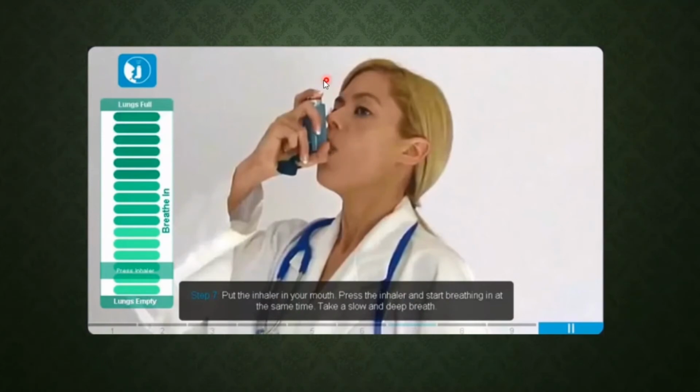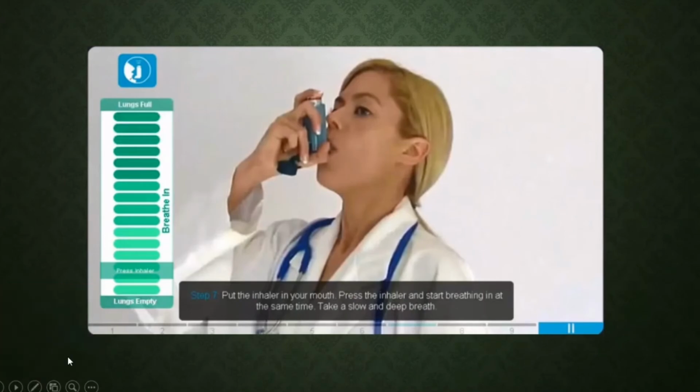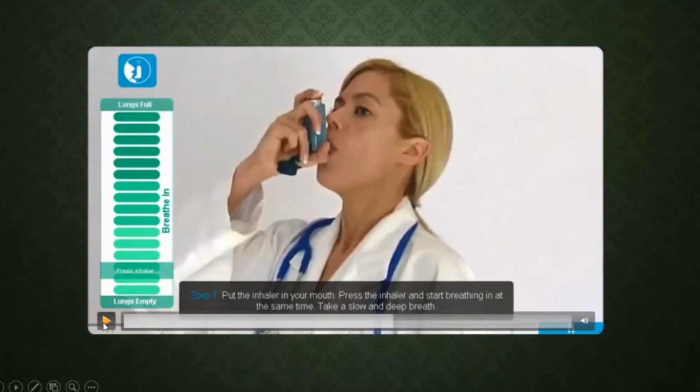So it does away with the pressing part, because the most difficult part here is simultaneously pressing and inhaling. Essentially this is how we use an inhaler. We will continue.